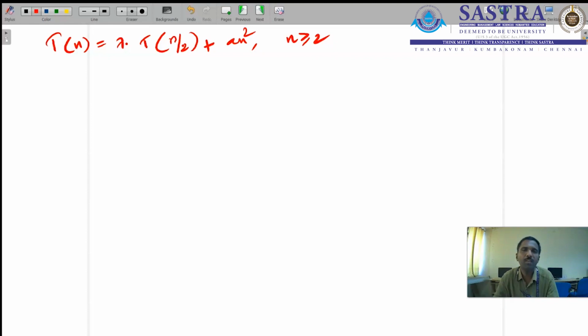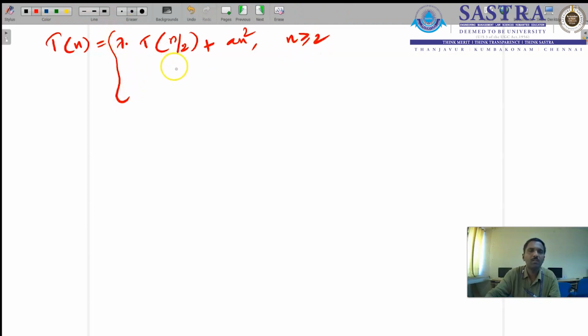That's why here we have added the quantity a into n square with 7 into T of n by 2. So here T of n is equal to 7 into T of n by 2 plus a n square. This is true when n is greater than or equal to 2.